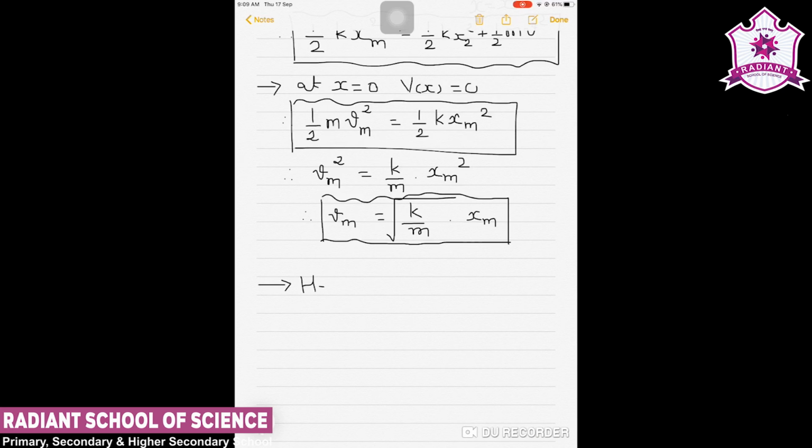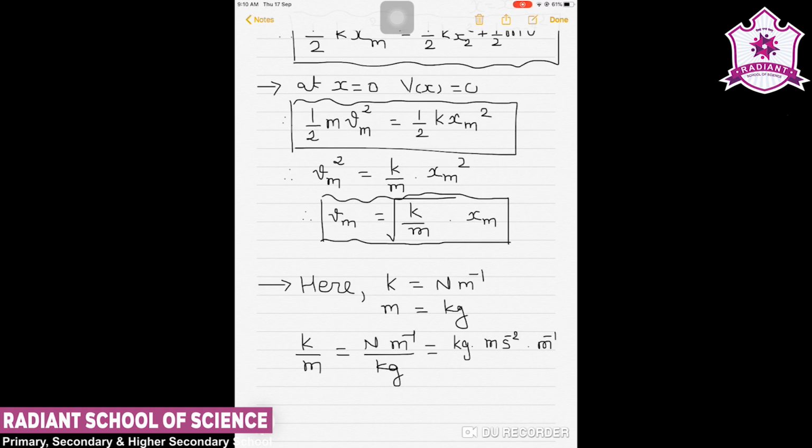Here k is Newton per meter and m is in kilogram. So we can say that k by m is Newton per meter per kilogram. Now Newton itself is mass into acceleration, so we can say this is kilogram into meter per second square into meter inverse over kilogram.